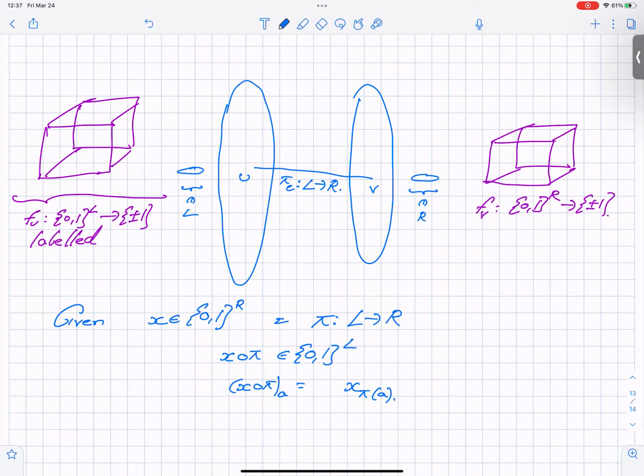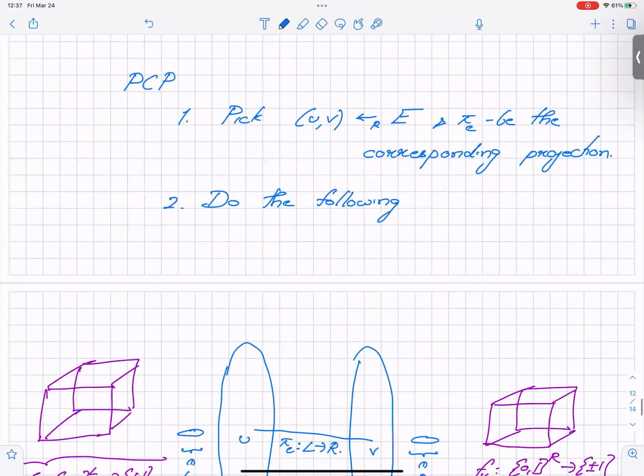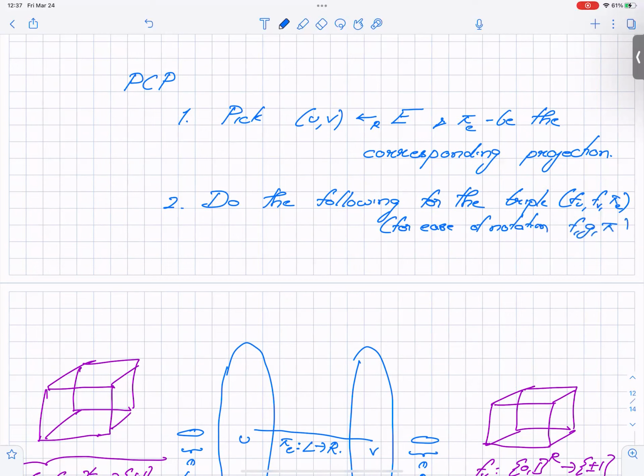So do the following for the triple f_U, f_V, and pi_E. For ease of notation, I'm going to call this f, g and pi.